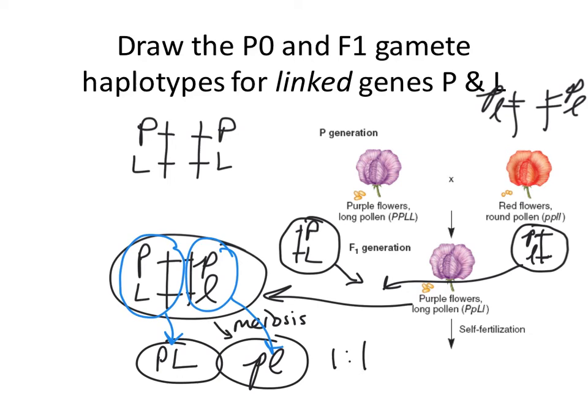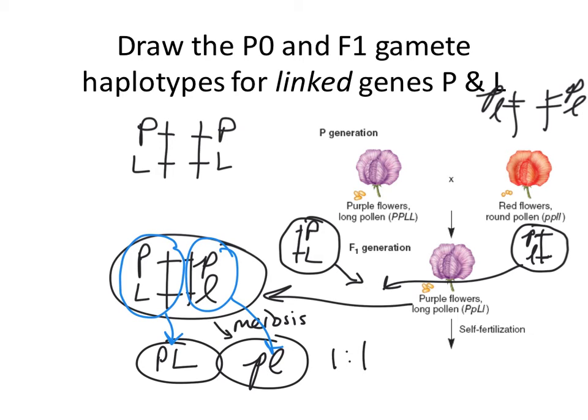When genes are linked, they travel together because they're stuck together on the same piece of DNA. That's the absence of independent assortment, because independent assortment is talking about genes that are on 2 different chromosomes, and it's the random alignment of chromosomes during meiosis, as we've discussed before, that's the cause of independent assortment.